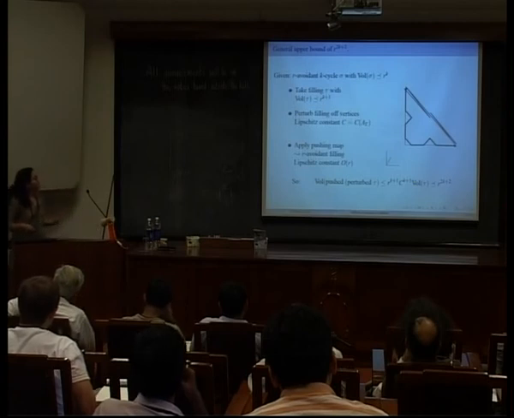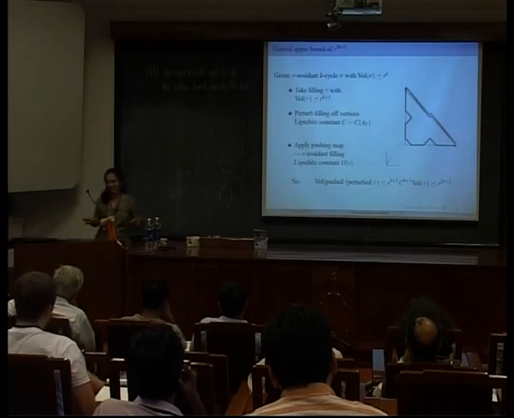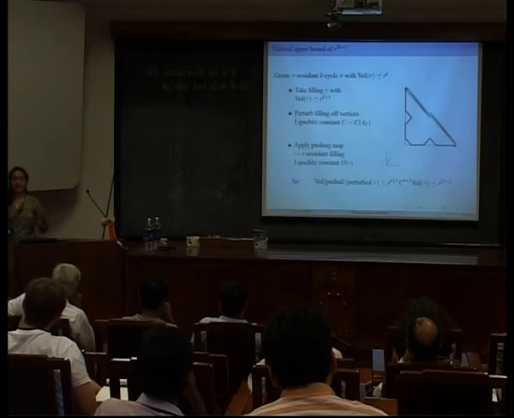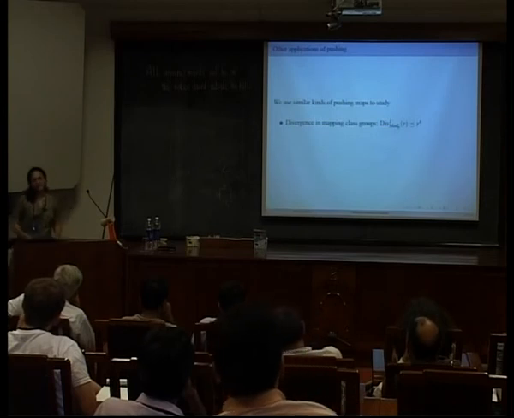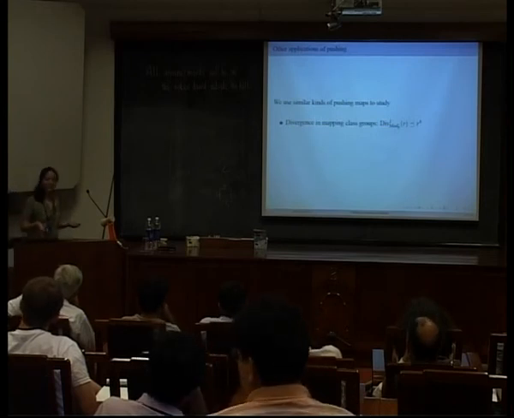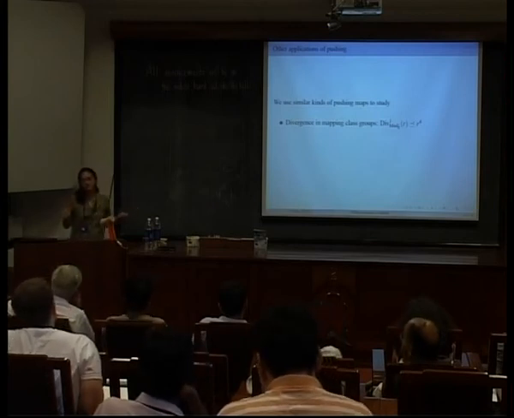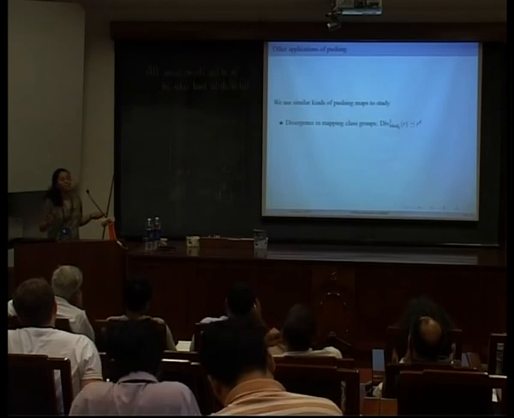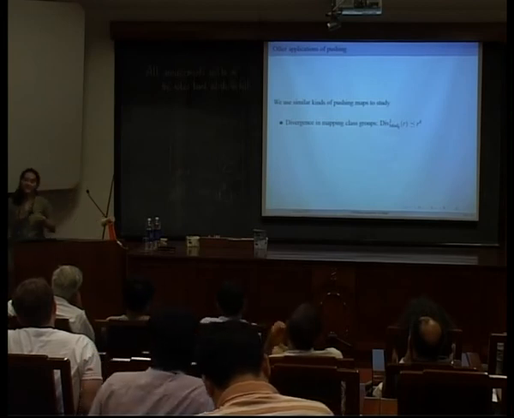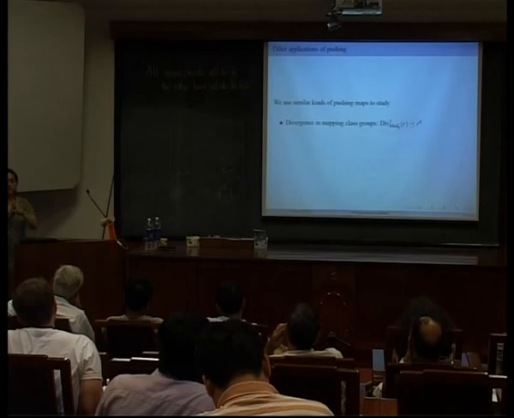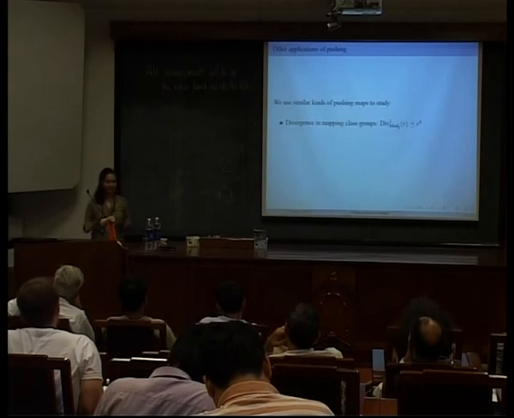The reason I spent some time on this is that it turns out to be useful in other settings as well. Certainly you can use it to modify fillings in other CAT(0) cube complexes. But in fact, we were also able to use a similar kind of pushing map to study the divergence, at least the one-dimensional divergence, in the mapping class group. There we were working with a presentation complex, and you don't just have cubes, because the mapping class group has relations other than commuting relations.